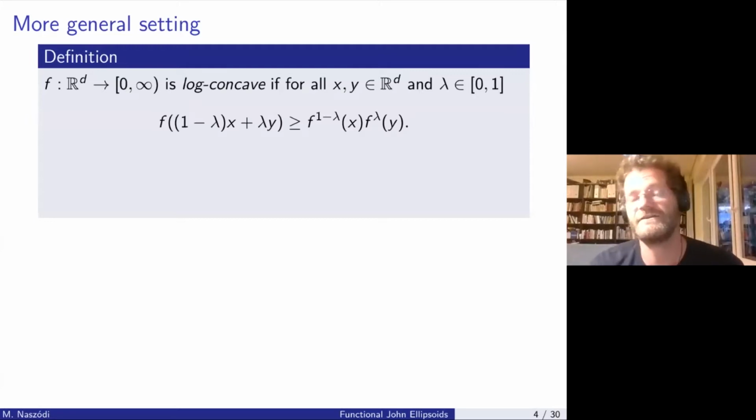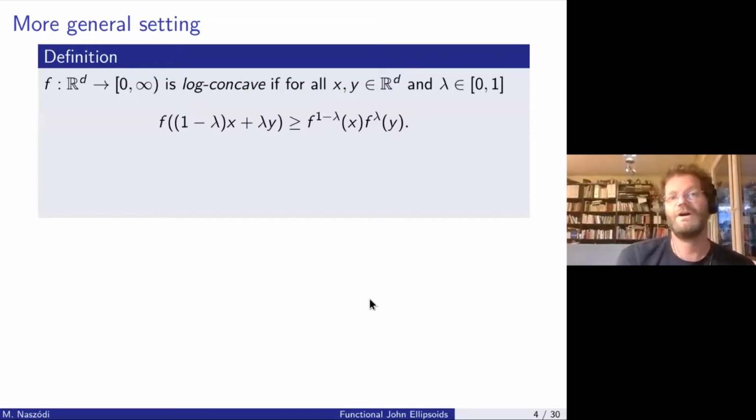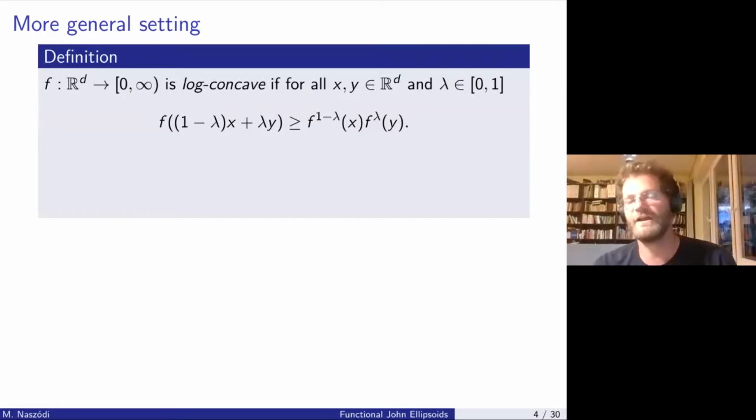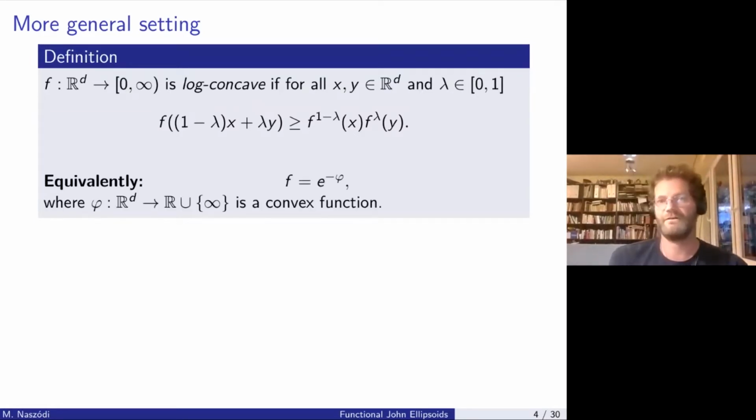I need to define it, so that's the definition. A function f is called logarithmically concave if this formula holds for all lambda. If you haven't seen it before, that's okay. I'll give examples very soon.